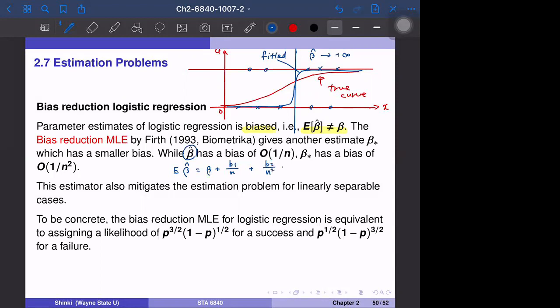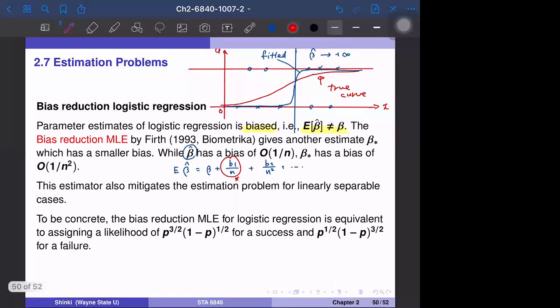So this method removes the biggest bias in beta hat. And using this, we can solve the problem that happened in the previous video.